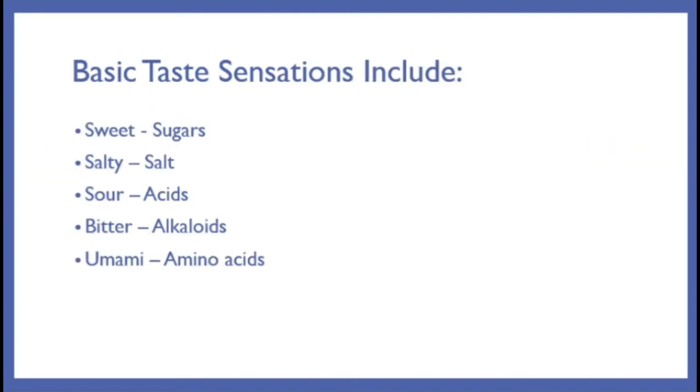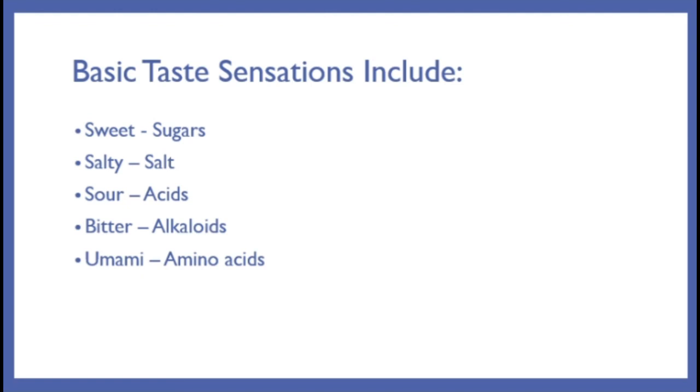What we interpret as the different tastes of our food are going to be based on if it contains sugars, then we detect that as sweet. If it contains salt, it's salty. Acids have a sour taste. If it has alkaloids, it has a bitter taste.